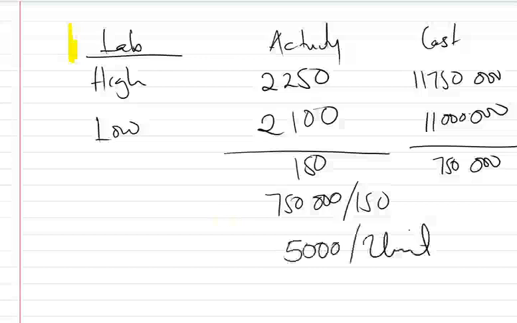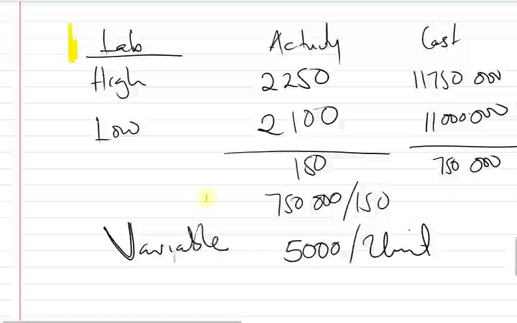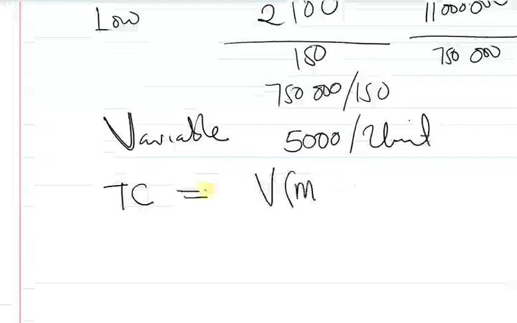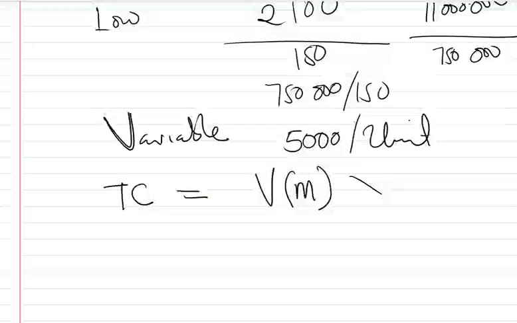So we have found the variable part of it, right? Now let us look at the fixed part. For us to find the fixed, we'll use this formula. Total cost is equal to variable cost per unit times number of activity or the activity level plus fixed cost, right?